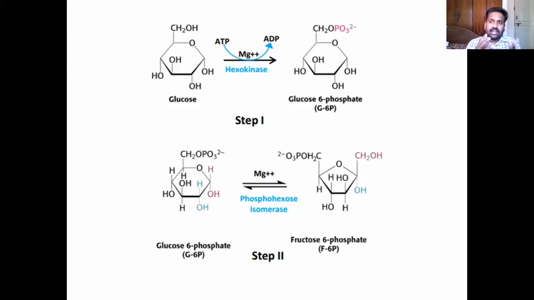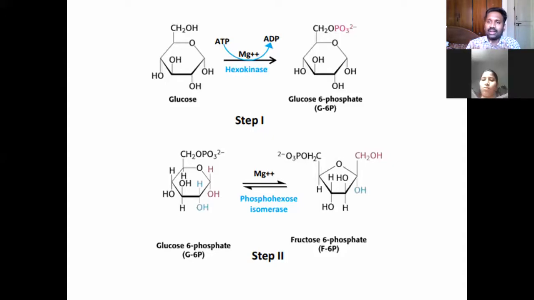Even the reaction goes through opening of the ring of the glucose into the open chain form, and then swapping of the carbonyl and the alcohol group between the 1st and 2nd carbon atom, and then closing into the fructose ring. And the enzyme involved in this reaction is phosphohexoisomerase. So this enzyme converts one monosaccharide into another monosaccharide.